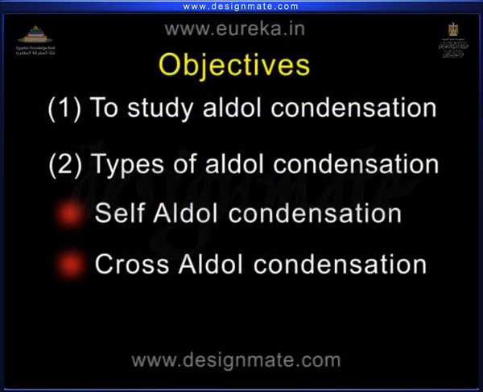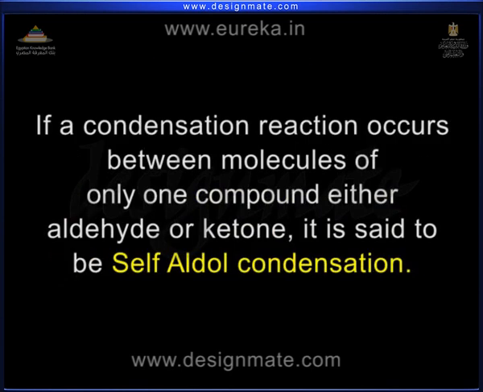Types of aldol condensation. Aldol condensation reaction can take place in two ways: self-aldol condensation and cross-aldol condensation. Self-aldol condensation. If a condensation reaction occurs between molecules of only one compound, either aldehyde or ketone, it is said to be self-aldol condensation.